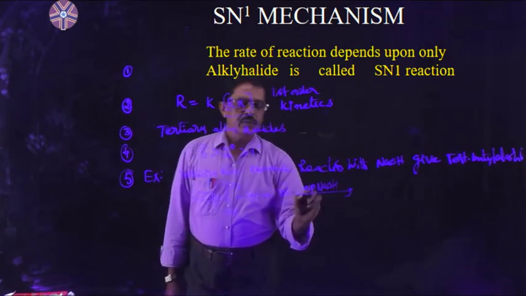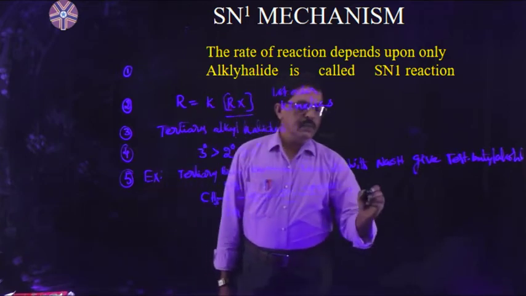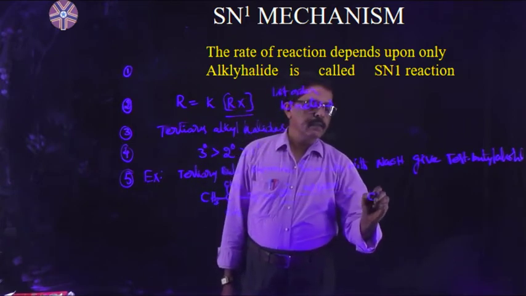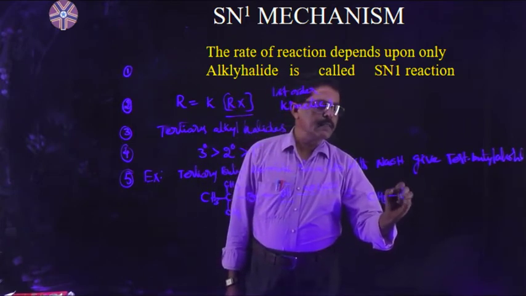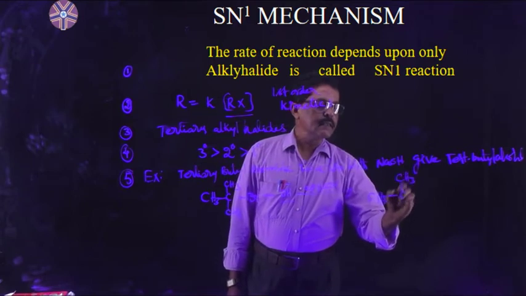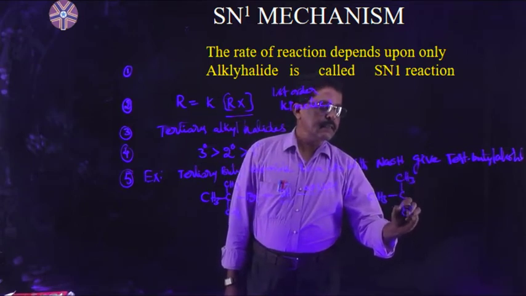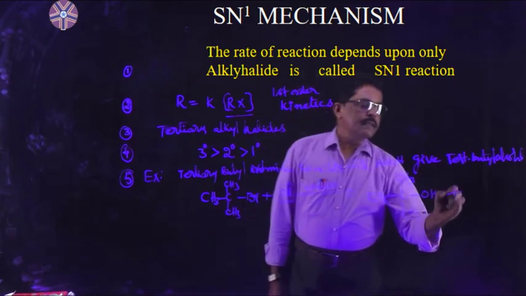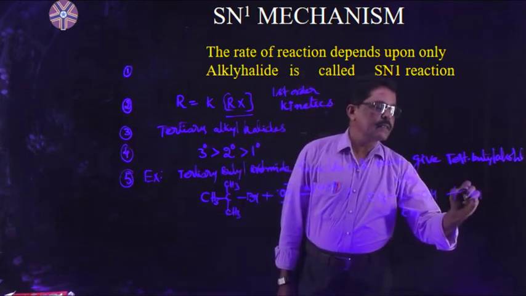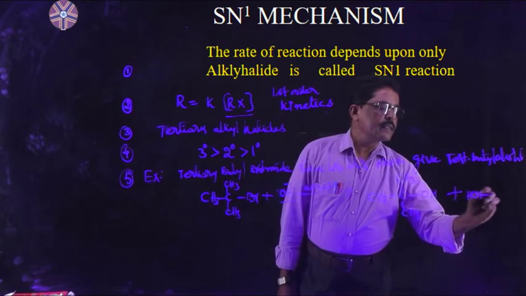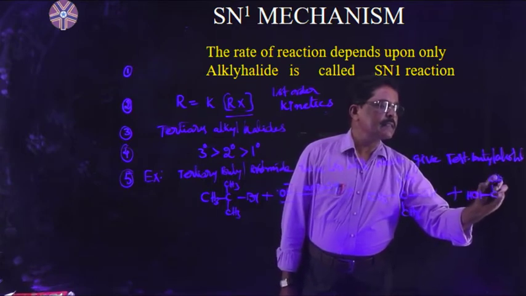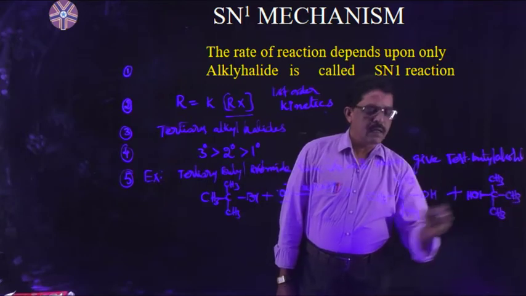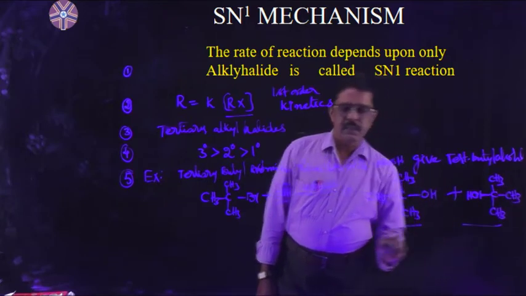So this OH group comes in place of Br. Then two possible products are formed: (CH3)3C-OH, plus another product. That means two possible compounds are formed.